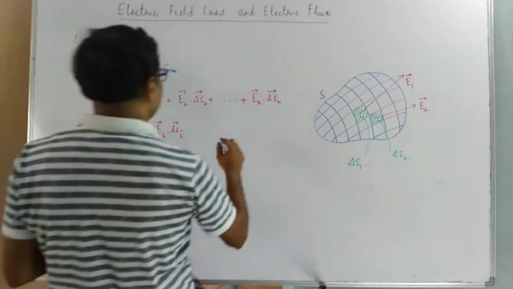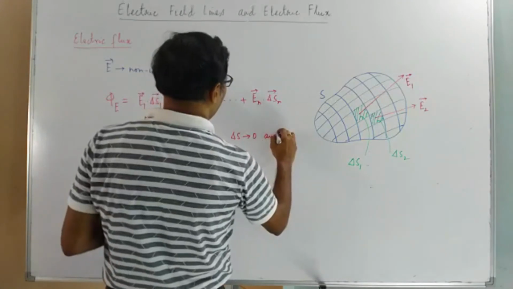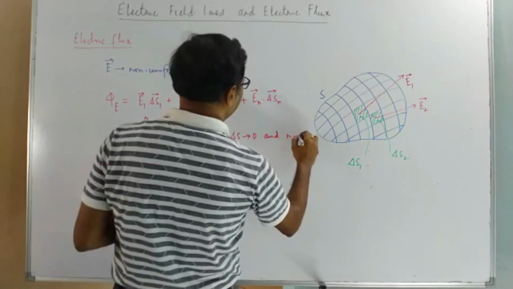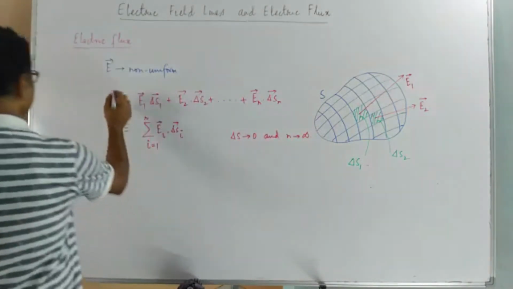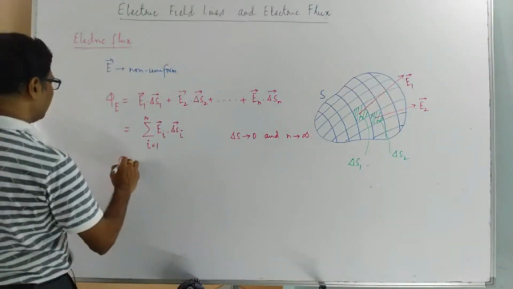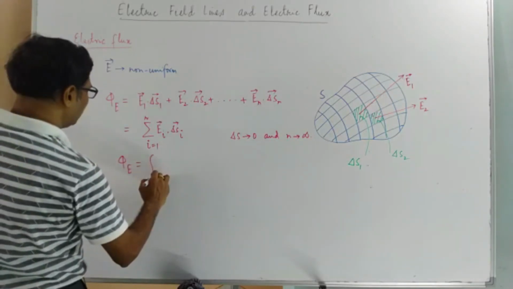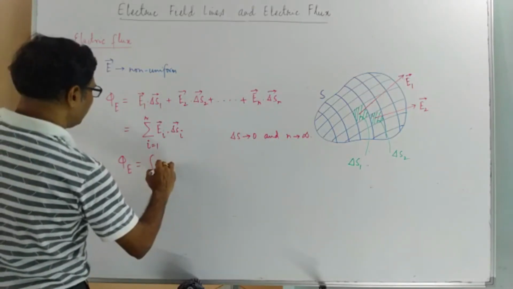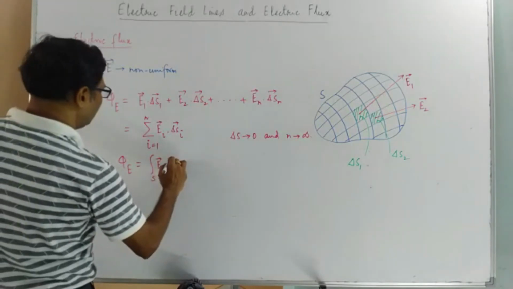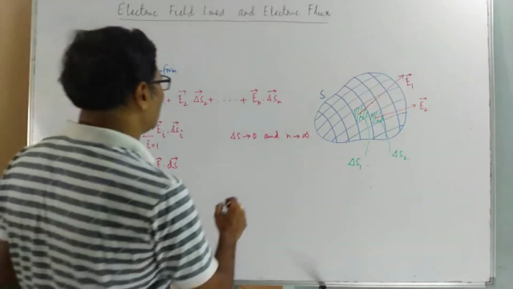If delta S tends to 0 and n tends to infinity, this summation is replaced by integration. In that case I will write phi E is equal to the surface integral of E dot dS.